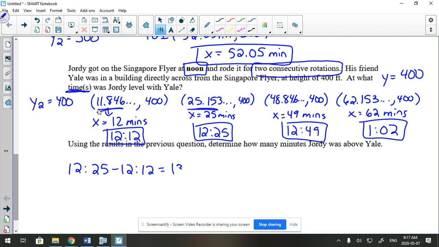So he spent 13 minutes above his friend. And then the next time he saw his friend would be at 12:49 till 1:02. So if I figure out the difference between those times, you'll see it'll equal 13 minutes, which we should have guessed already. So in total, he would have spent 26 minutes above his friend.